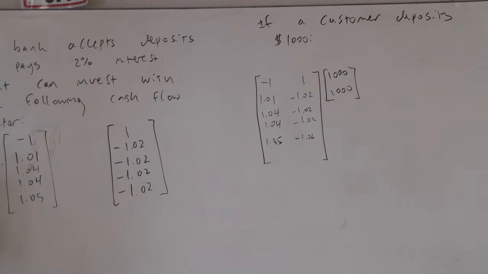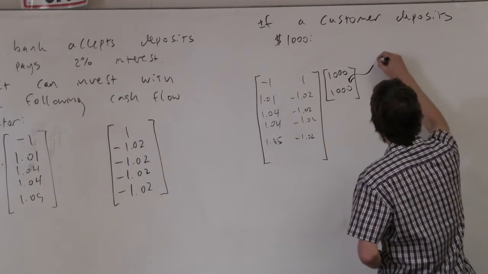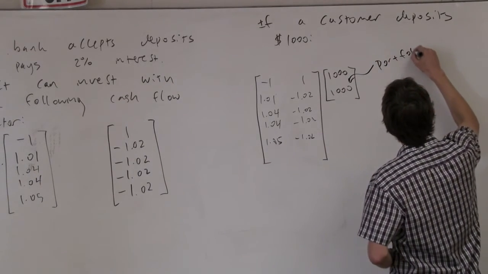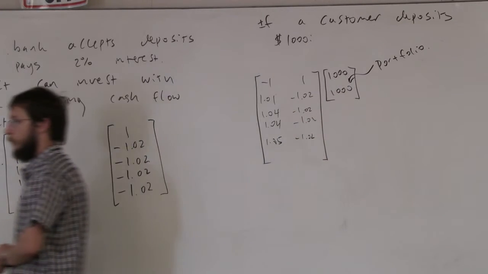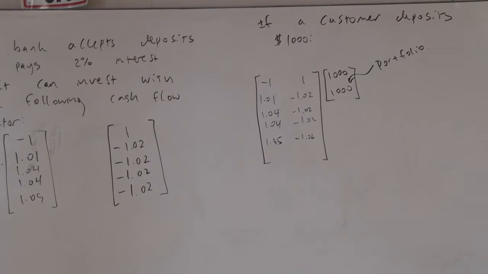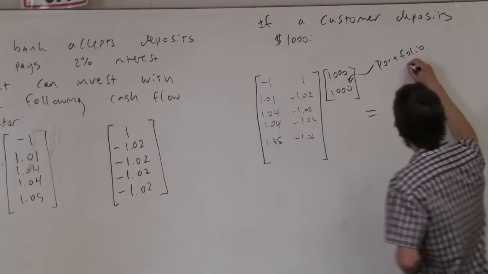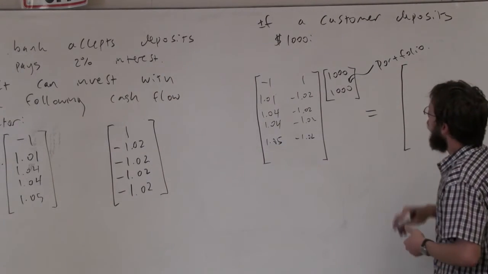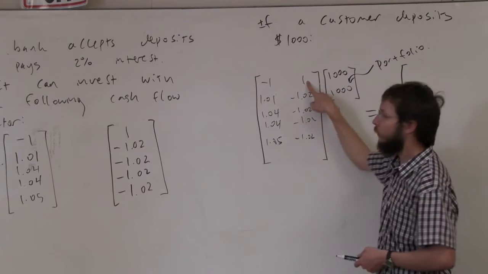So this is a portfolio vector. So multiplying these out, you get 1,000 of these plus 1,000 of those.